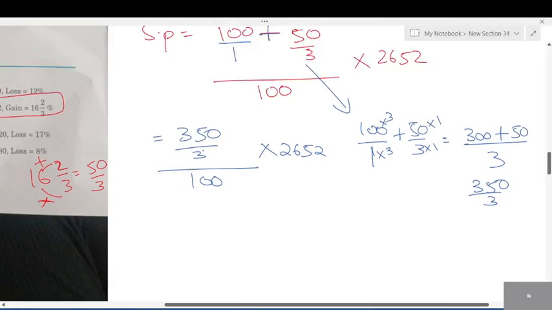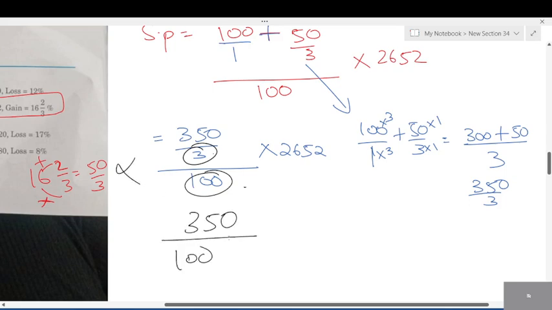Total how many denominators are here? 2, right? So you should bring down this 3. You shouldn't write it like this. This is wrong. You should write 350 divided by 100. This 3 will get multiplied here, into what? 2. Understood? When a fraction is given, how to solve?